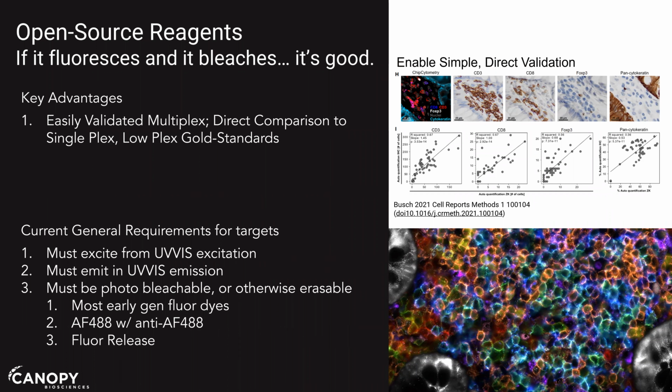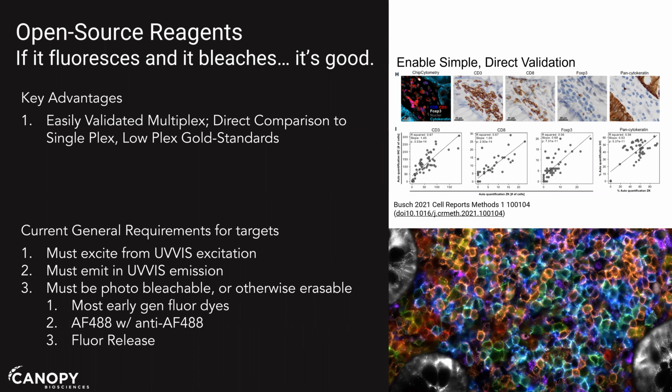It is not at all trivial to try to figure out who's CD3 versus who's CD4 versus who's CD8 here, without some sort of base validation to go with it. So it's not really a trivial problem. This is the real-life part of doing this sort of application. And again, being able to drop it down to a single plex or a dual plex makes it much easier to do this.